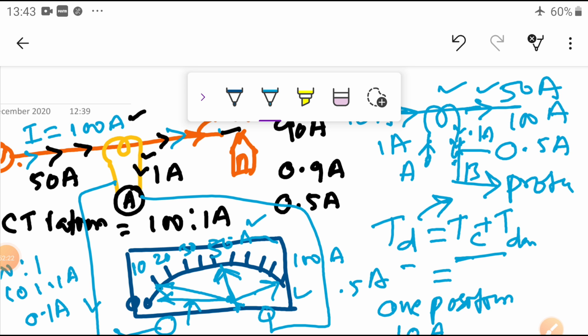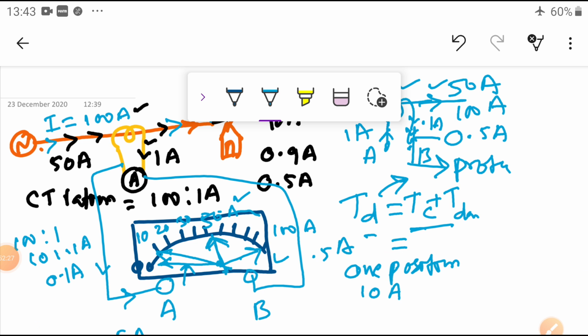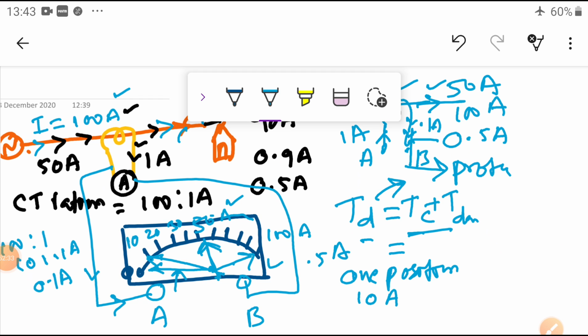What is the purpose of protection, sir? Here the house is taking a maximum of 100 amperes. Now, for example, the line falls on the ground. Instead of 100 amperes, the current flowing in the fault area may be 1000 amperes, 10 times the current.